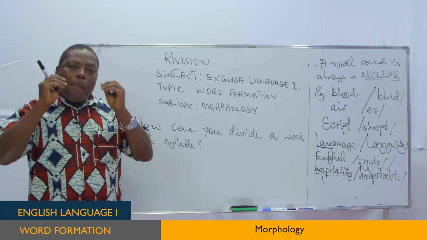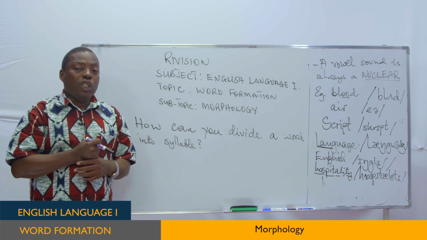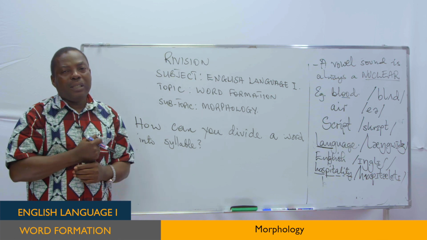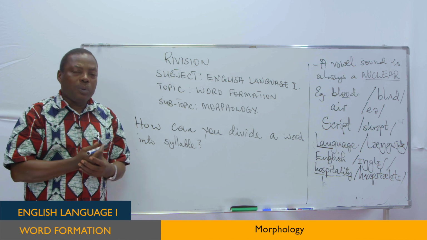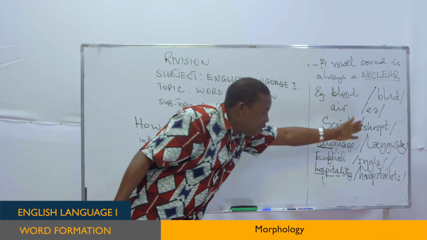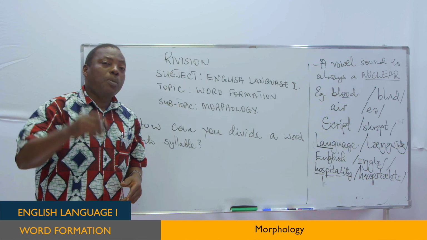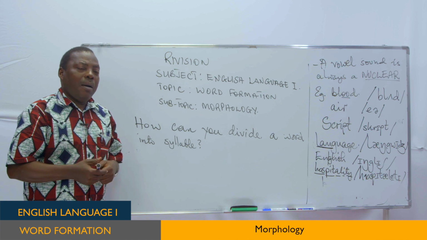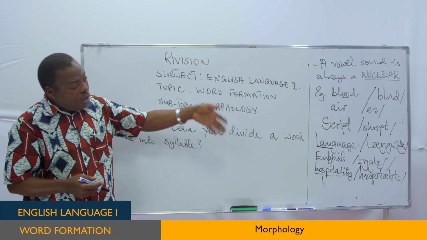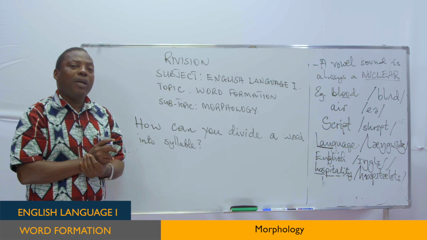Of course, by our bare eyes, it is difficult. It is only when you pronounce the word that you get a clue. And if you know how to pronounce it like this, it becomes more beneficial and more important, because there are times those vowel phonemes can give you a clue where you should make your divisions.